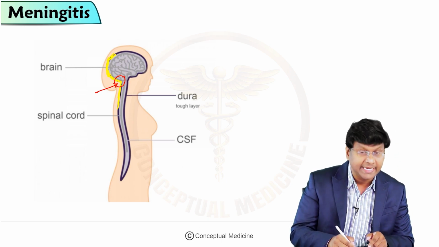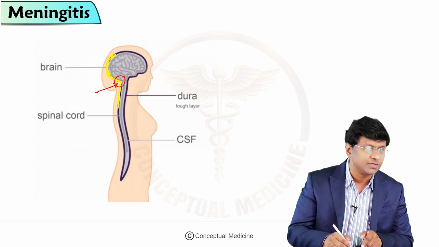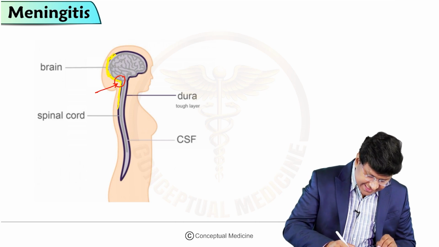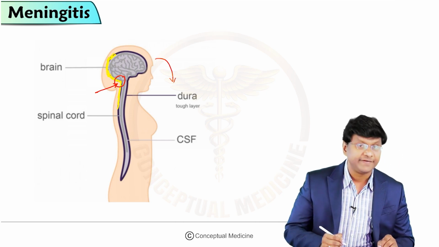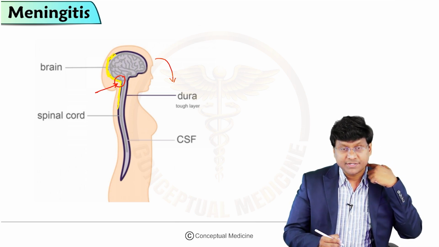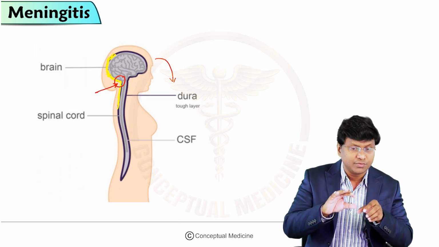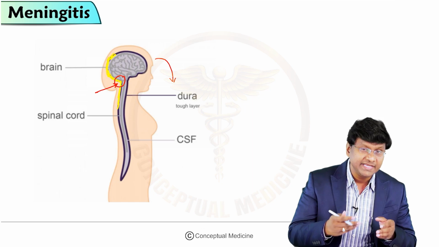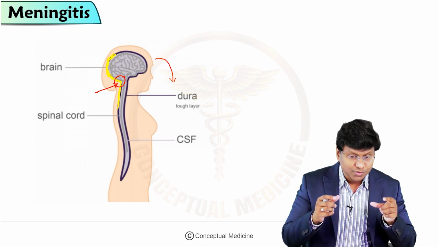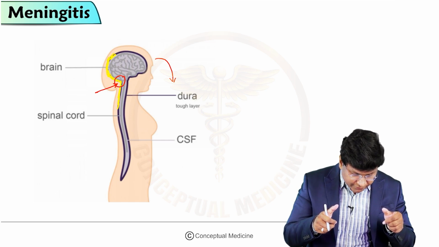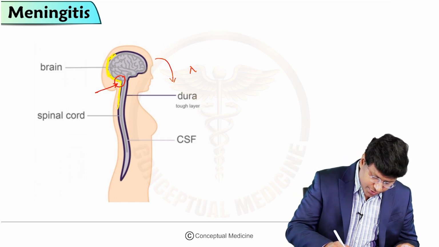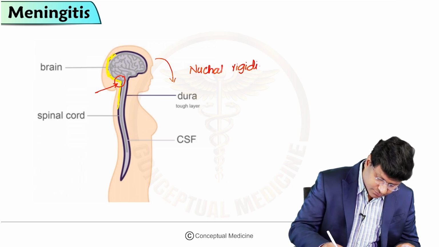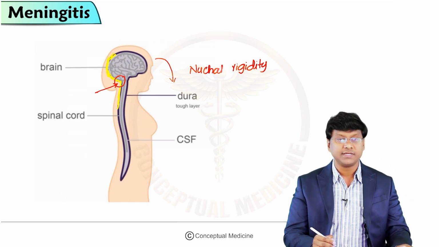It is all over, even at the continuation of the brain with the spinal cord. At that point also, you have inflammation of the meninges. So in this individual, if you try to flex the head, what are you trying to do? Whenever you flex the head, you are moving the meninges also, but the meninges are inflamed here. So the inflamed meninges will not allow you to do a proper flexion of the head, and that will result in what is called nuchal rigidity.